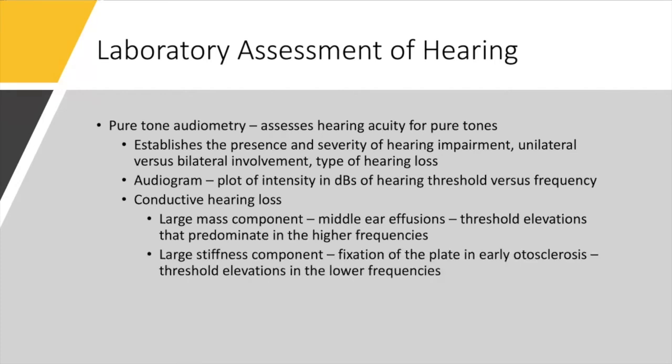Conductive hearing losses with a large stiffness component, as in fixation of the footplate of the stapes in early otosclerosis, produce threshold elevations in the lower frequencies. Often, the conductive hearing loss involves all frequencies, suggesting involvement of both stiffness and mass.